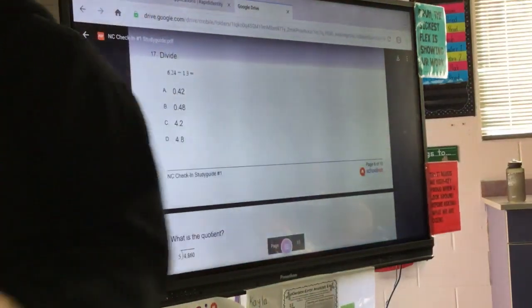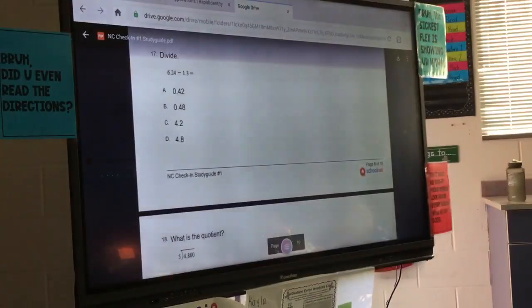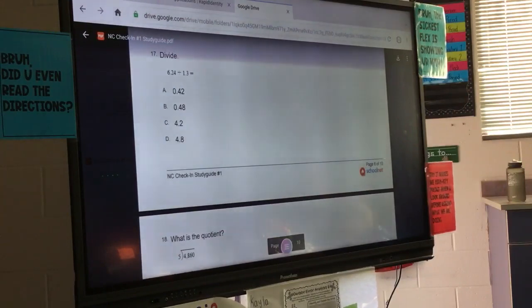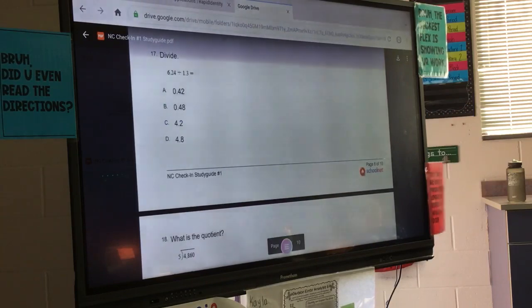Oh. 17. So remember, when you're dividing a fraction by a fraction, or a decimal by a decimal, what do we have to do if we have a decimal on the outside? Before you get started, what do you have to do if you have a decimal on the outside? Sincere. And if you move it however many times to make it a whole number, what do you have to do with the decimal on the inside? All right, go ahead.